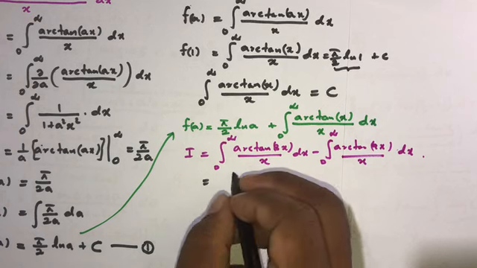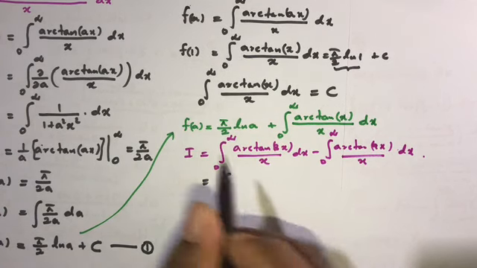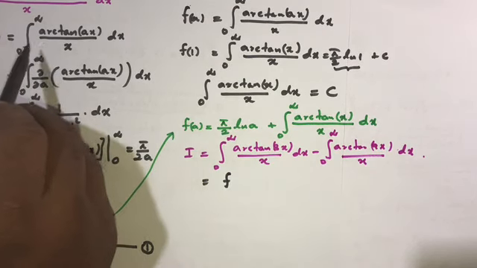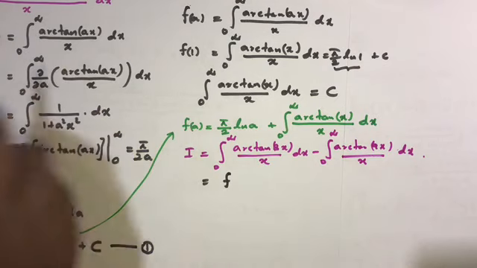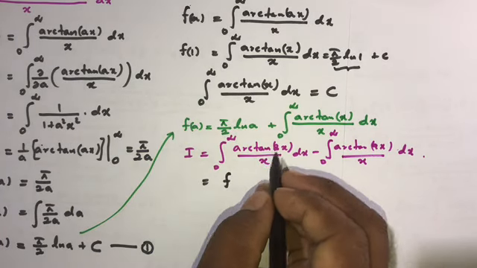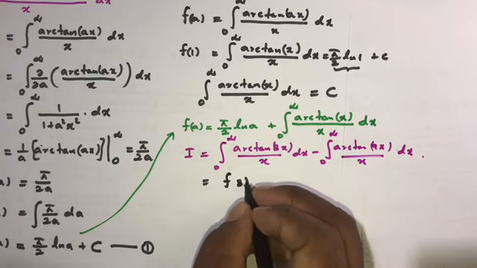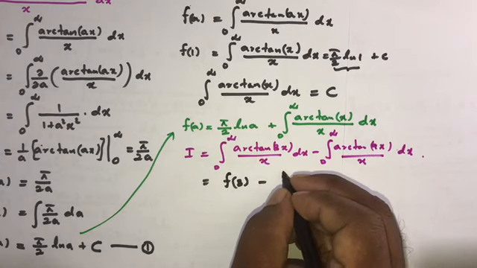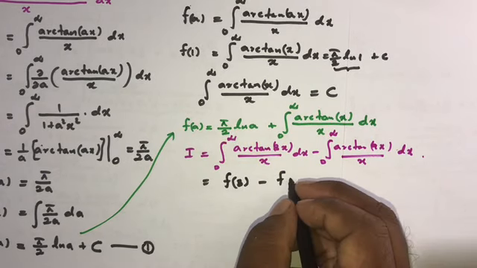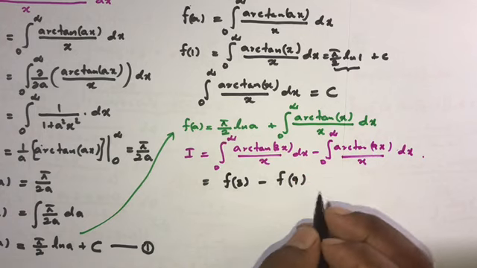Well, now we know f of a is equal to the integral from 0 to infinity of arctan of ax over x dx. So this is f of 3 minus f of 9.